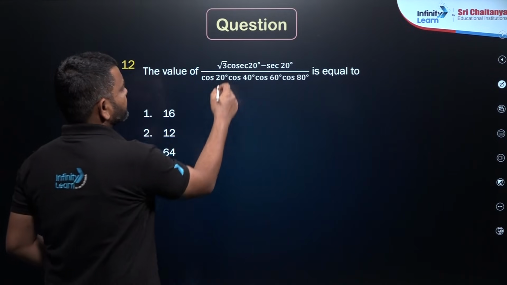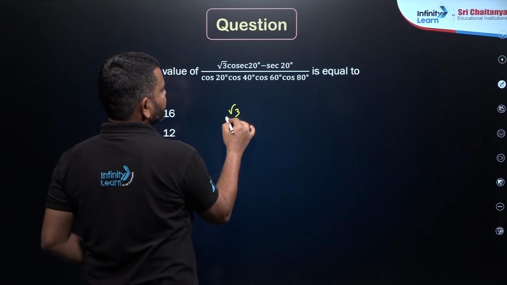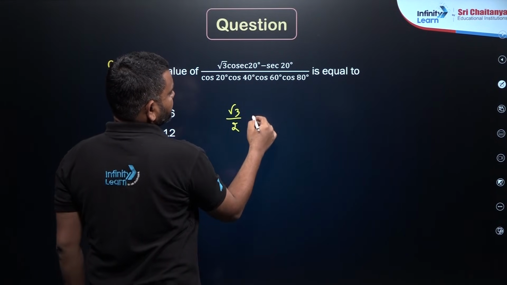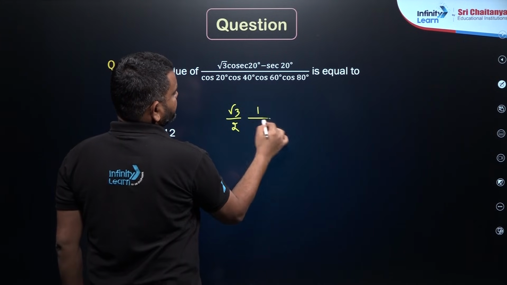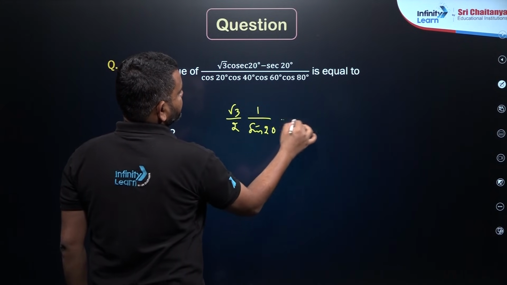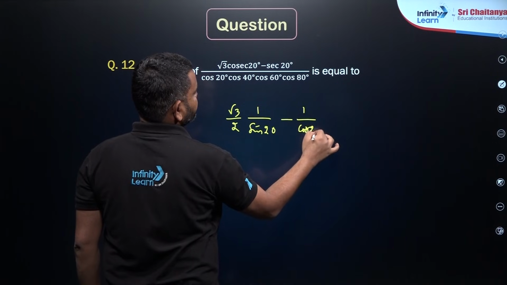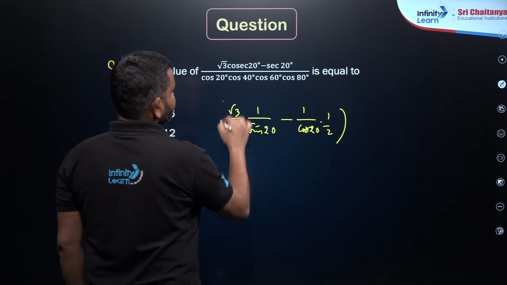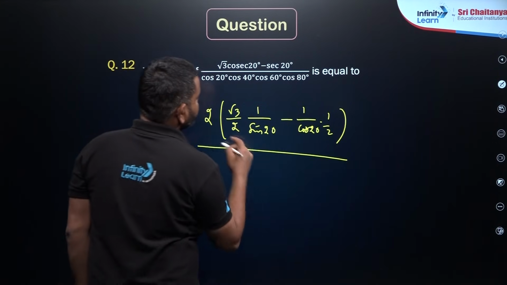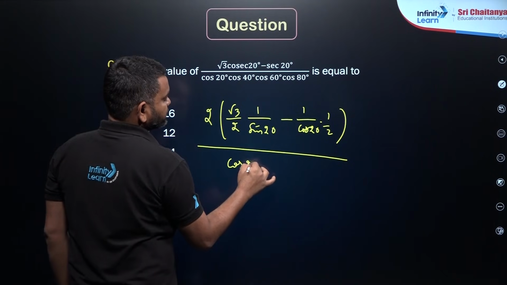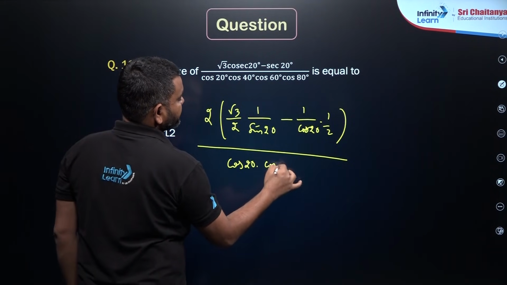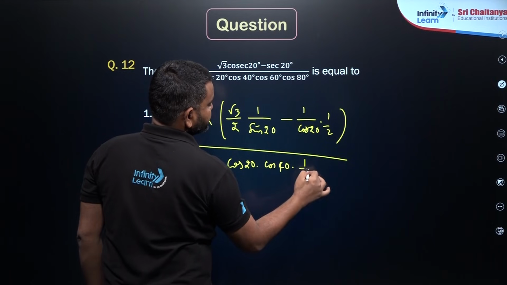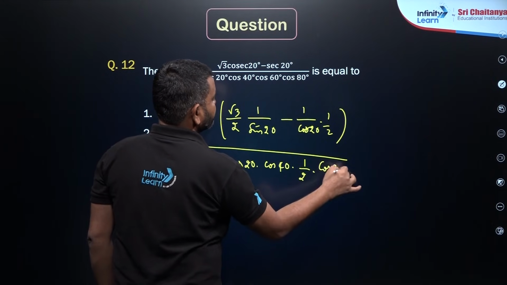Okay, so here we have something, so I will write it as root 3 by 2, 1 by sin 20 minus 1 by cos 20 into 1 by 2, as I am multiplying with an extra 2. In the denominator I already have cos 20 and cos 40, and cos 60 is 1 by 2, then I have cos 80.